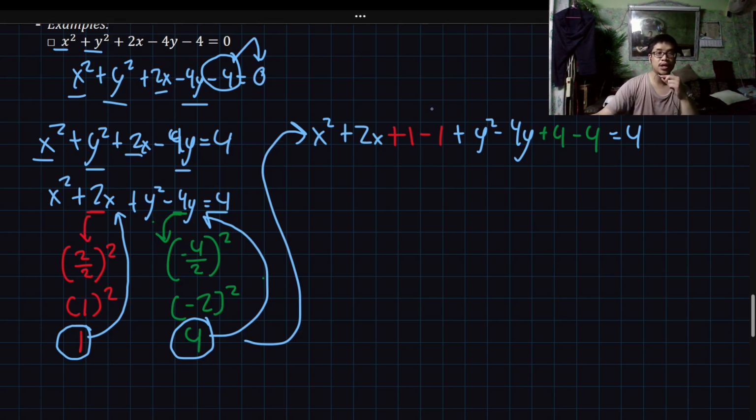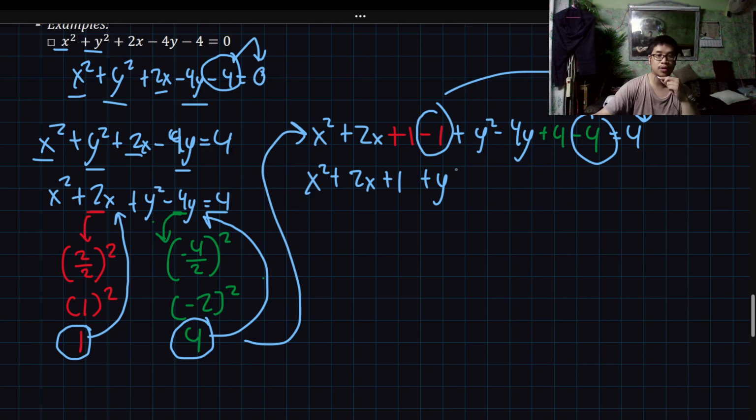What we're going to do is put the negative numbers, negative 1 and negative 4, on the right side. So as a result, we will have x squared plus 2x, and I think it's better if I put it in red pen, plus 1, then plus y squared minus 4y, then for the green, plus 4, is equal to 4.